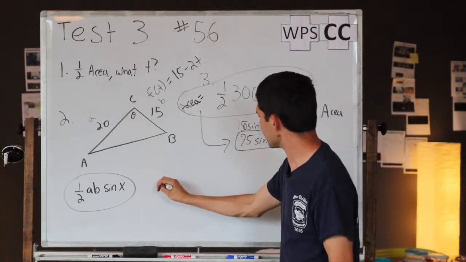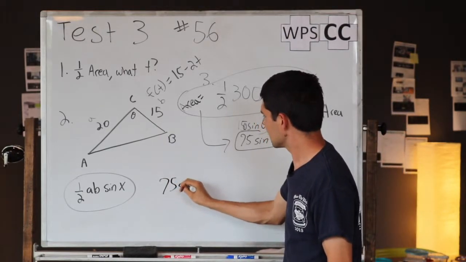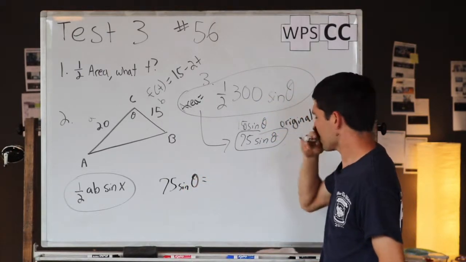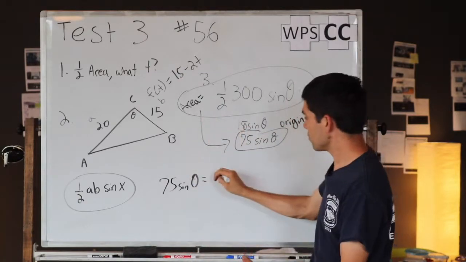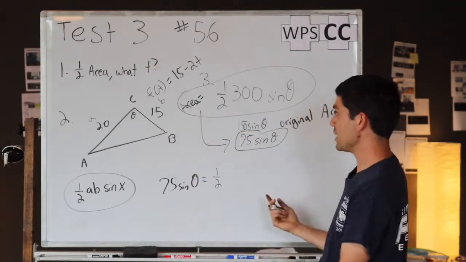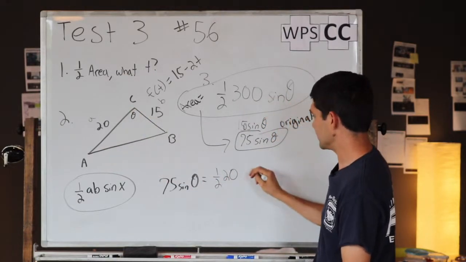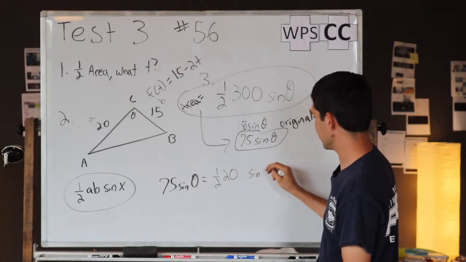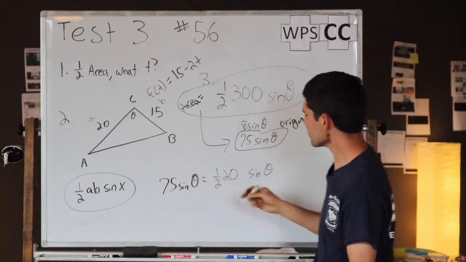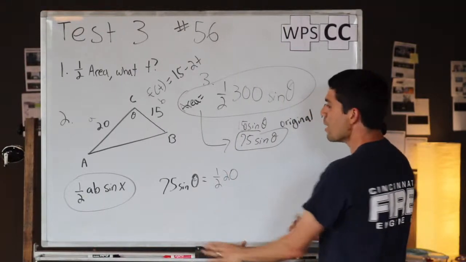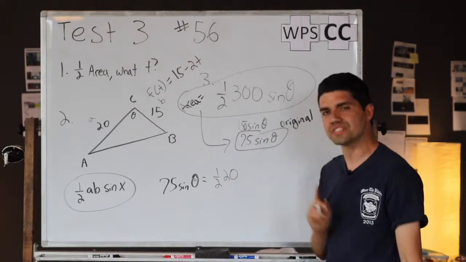So to find that out, at what time is the area of the triangle 1/2? Now we have to use our A and B. A is unchanging, so A is still 20. And sine of theta is still sine of theta. But our B is no longer 15.